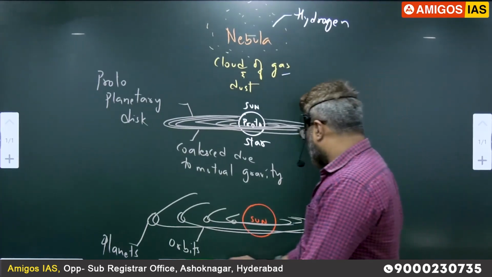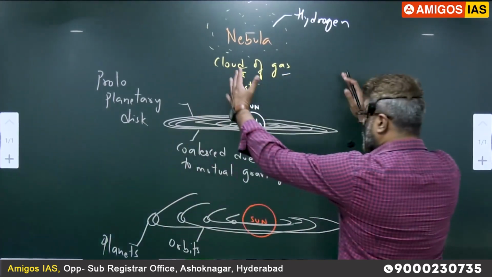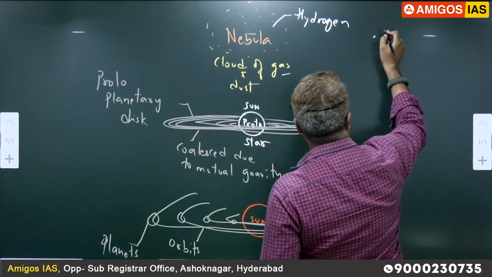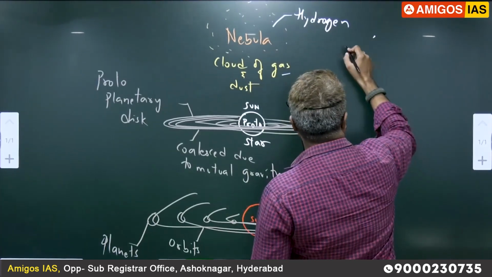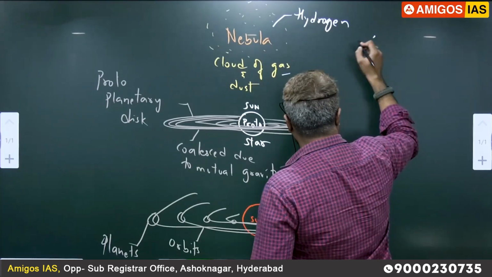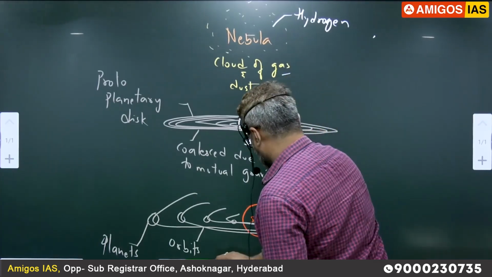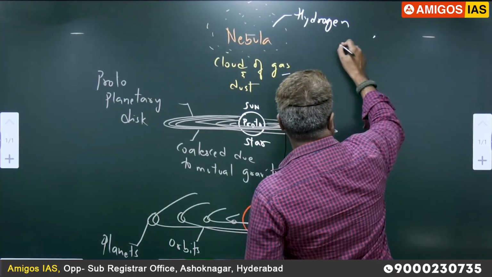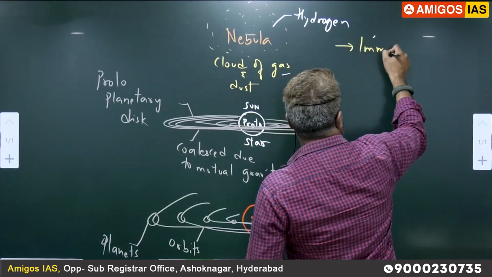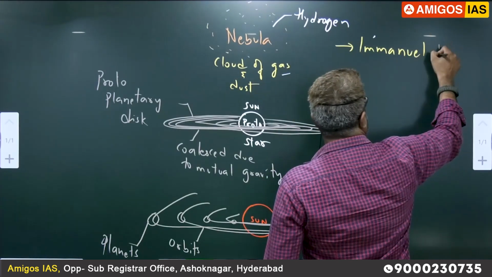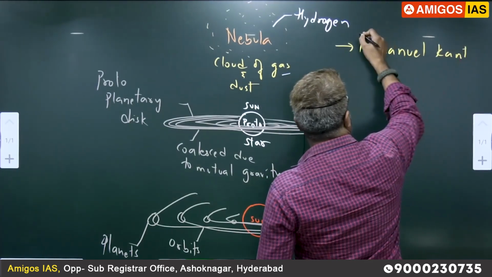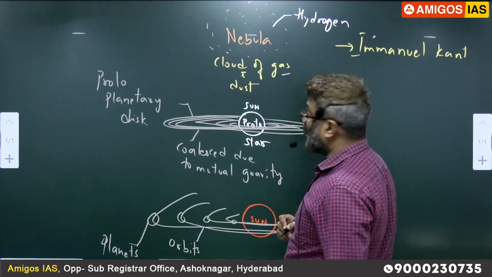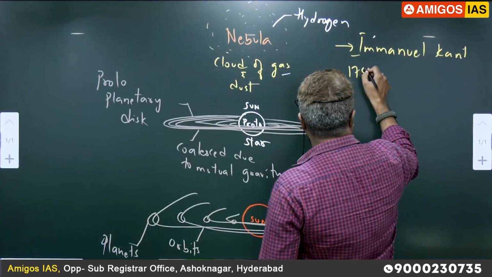Okay, so this idea we are discussing now was first given by, please write, I'll write the name here. It was given by Immanuel Kant, a German philosopher, in the year 1755.